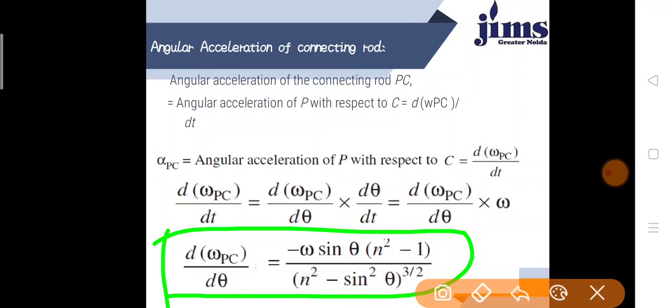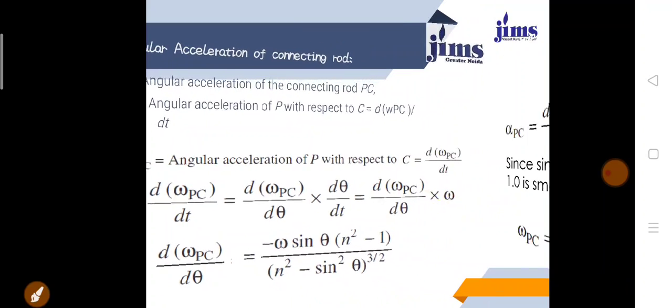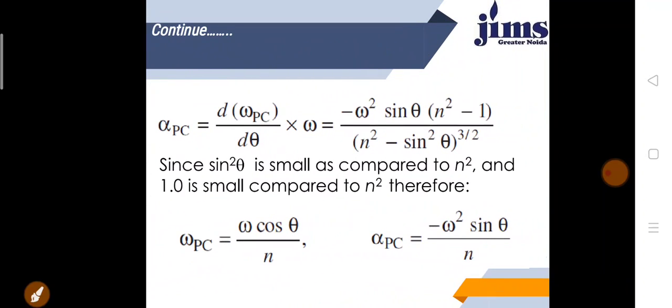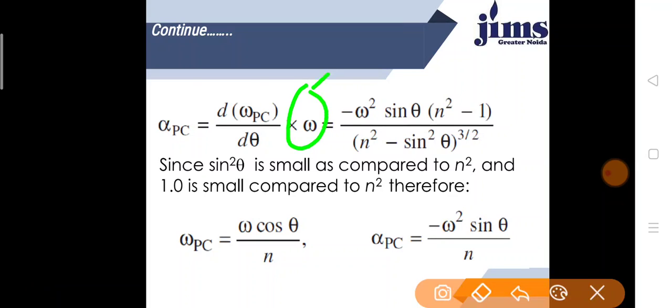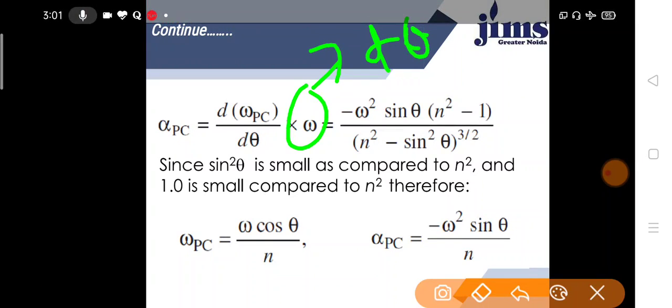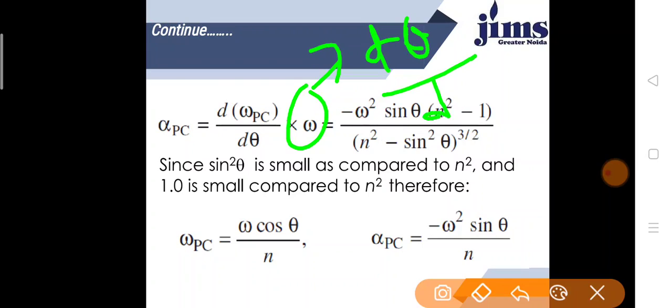Then we get this value of d omega PC upon d theta. I hope everybody understands how I calculate this value. Now alpha PC equals d omega PC upon d theta multiplied by d theta over dt, and we put omega here.